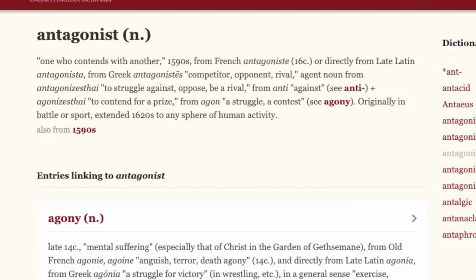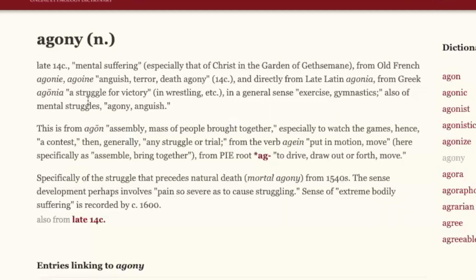Okay. So when we keep that in mind and we click over to agony, we can see how, if we skip down to this second paragraph, we have agon, meaning an assembly or mass of people brought together to watch games, specifically a contest. And then it evolved to mean a struggle or trial.